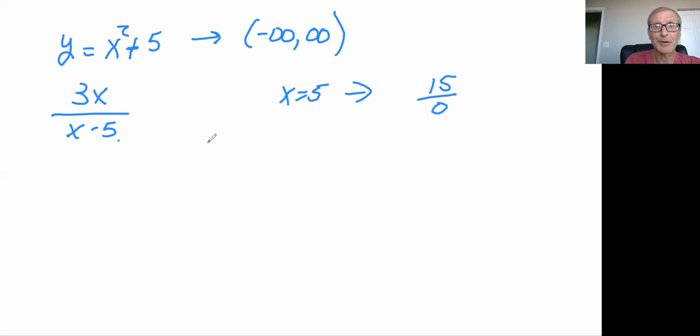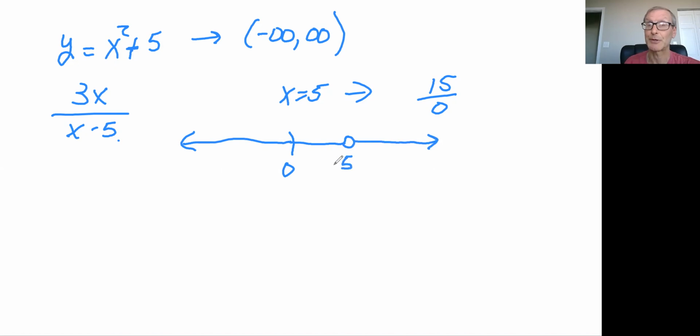So the way to think about this is, if you think about the number line, and say there's the origin, what happens at 5? What we need to do is put a little circle on the number 5, because the number 5 here is excluded.